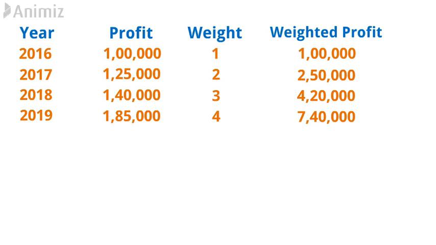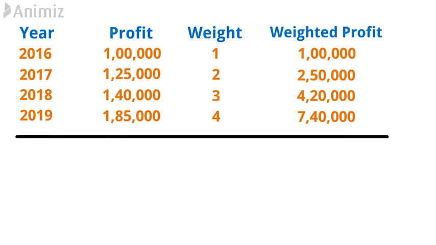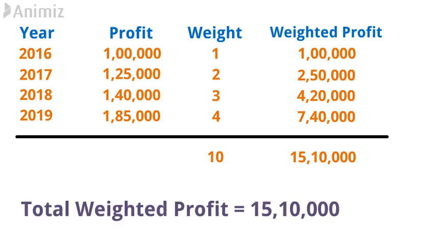Now we need to make a total of 2 columns, weight and weighted profit, that is 10 and 15,10,000. This is the first step of our sum, that we calculated the total weighted profit, which amounts to 15,10,000.